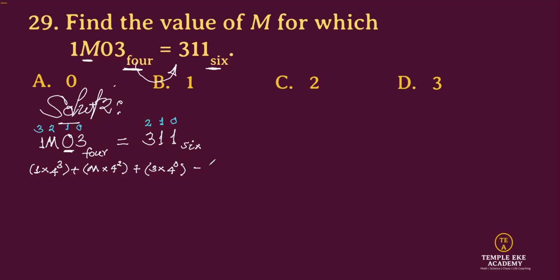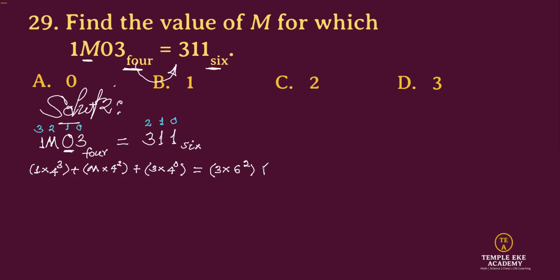Now we repeat the procedure on the right-hand side. First digit on the right is 3. So we take 3 and multiply by the base. The base is 6. Raised to the power the number written on 3, which is 2.